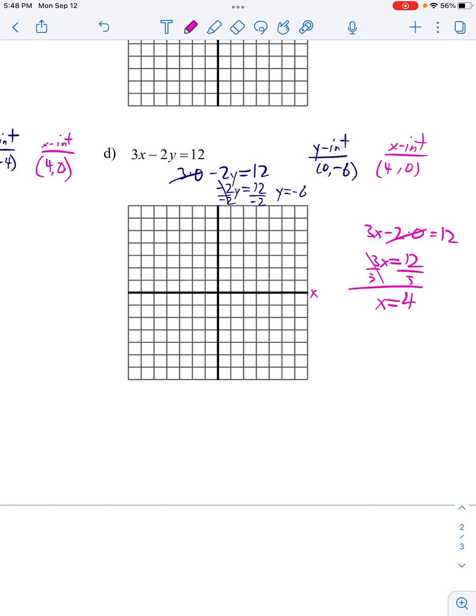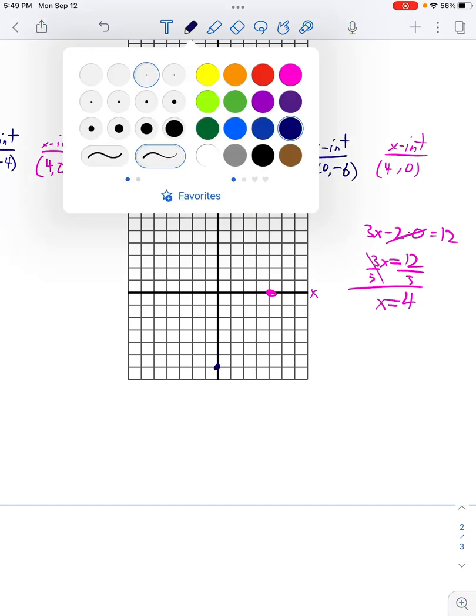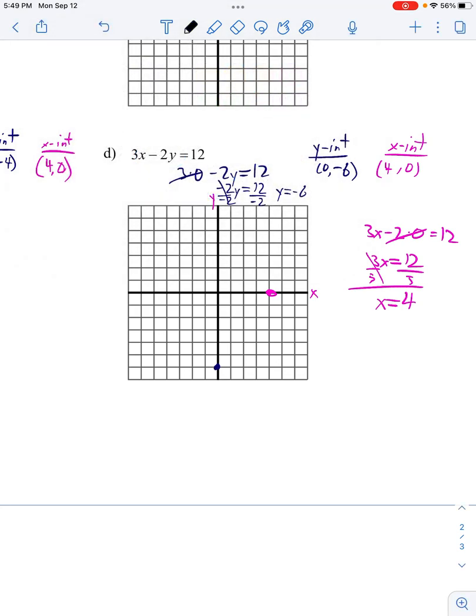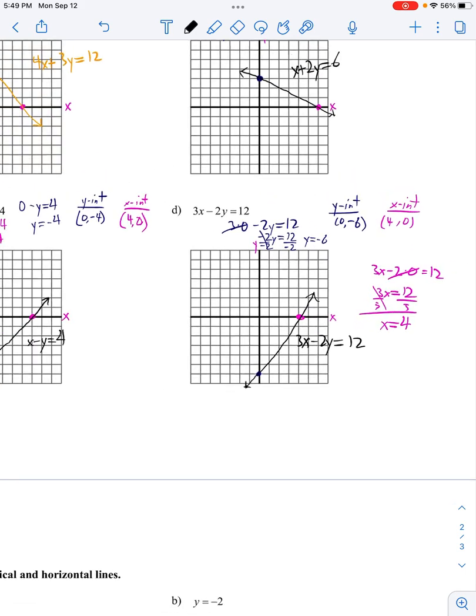So let's label my axes. Let's plot (4, 0), and then let's pop my y-intercept in dark blue, (0, -6). And then I'm just going to draw a line through them. That's all we got to do is draw a line. All right, kind of curved, but you get the picture. 3x minus 2y equals 12. Okay, so that's it for part D.